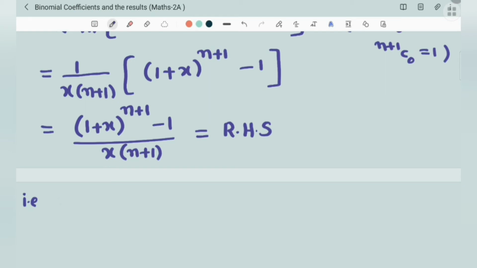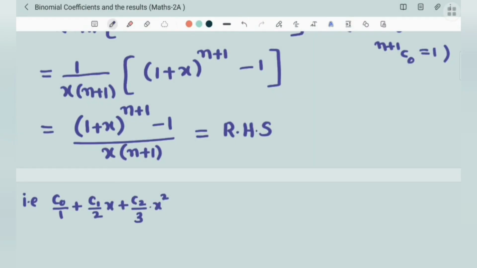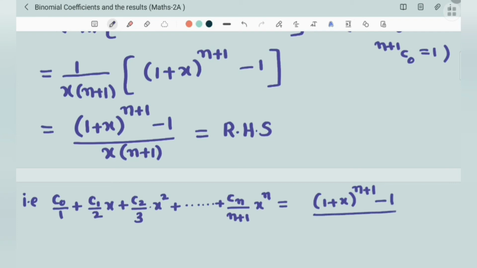See, that is C0 by 1, C1 by 2 into x, C2 by 3 into x square, plus and so on, Cn by n plus 1 into x power n is equal to (1 plus x) whole power n plus 1 minus 1 divided by x into n plus 1.